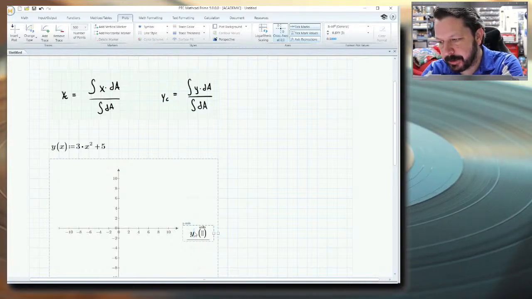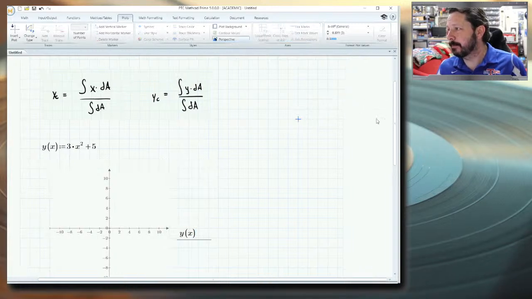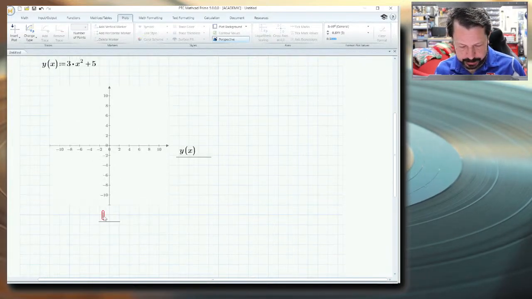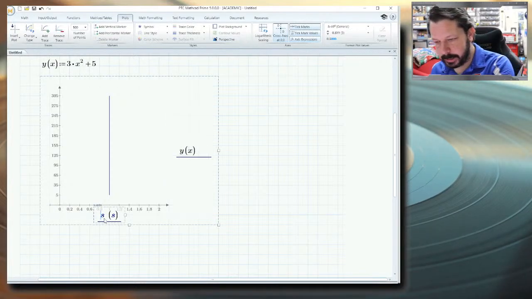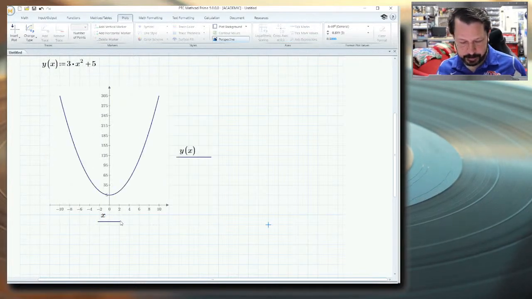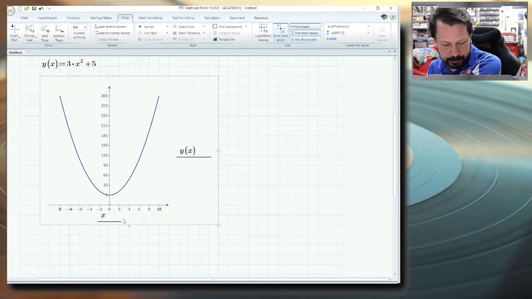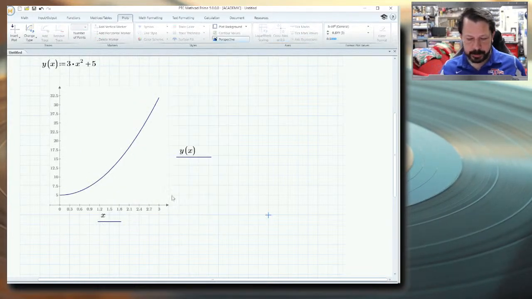I'm not using units on these, we're just going to plot them without units and it'll be fine. We need to plot y against x. So it's just a parabola, but let's only take a certain piece of it. Let's go from 0 here over to 3 here, and let's say that this is what our shape looks like.